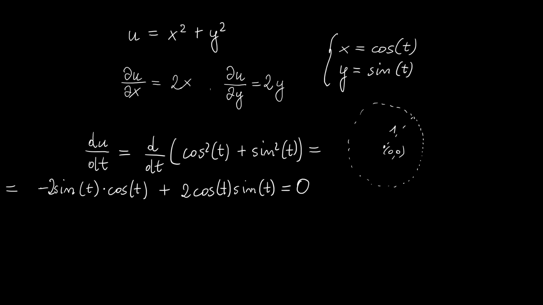But we have another way to calculate the derivative of u. We can use chain rule for a function of many variables. When function depends on many variables, the chain rule looks like this.